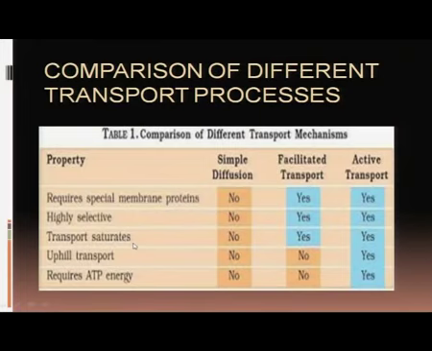When all the protein molecules along the membrane are occupied, the rate of transport will become saturated. Uphill transport means transport against the concentration gradient. It cannot take place in diffusion or facilitated transport, and it can only take place in active transport, and that is why it requires energy.